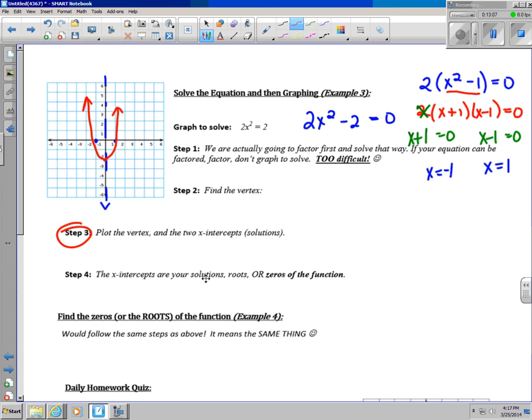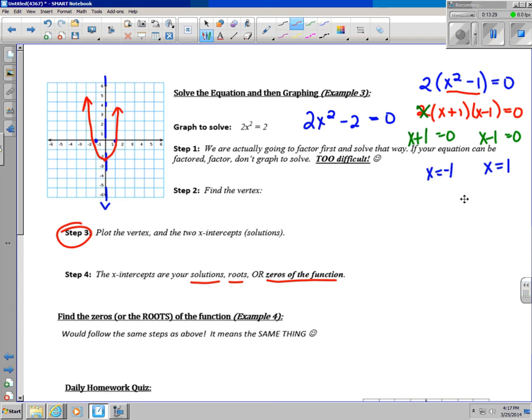So your x-intercepts are your solutions, your roots, or your zeros of the function. Again, synonyms. If you're asked in your assignment today to find the solution, you're finding the x-intercepts. If you're asked to find the x-intercepts, you're finding the solutions. If you're asked to find the zeros of the function, you're finding the x-intercepts.